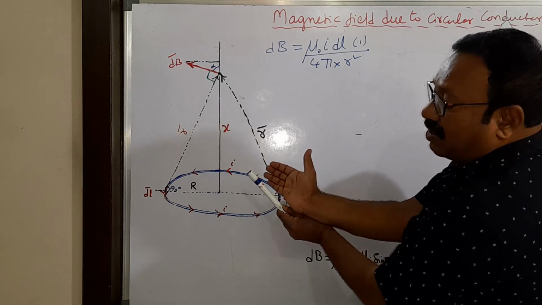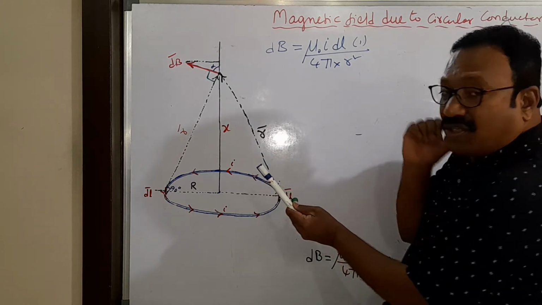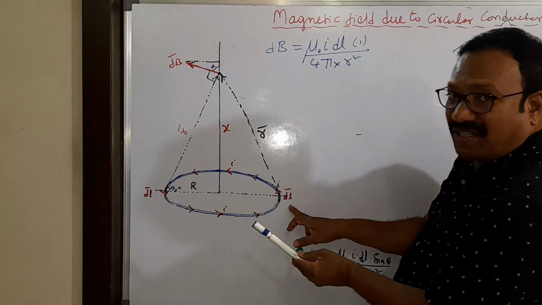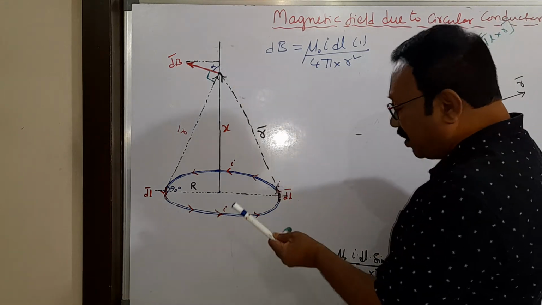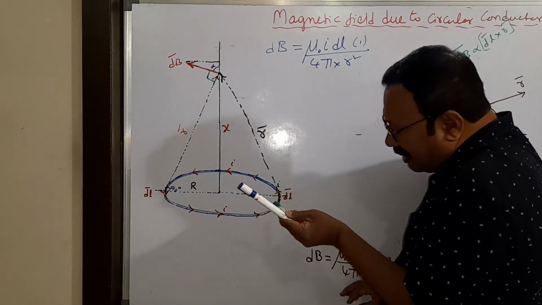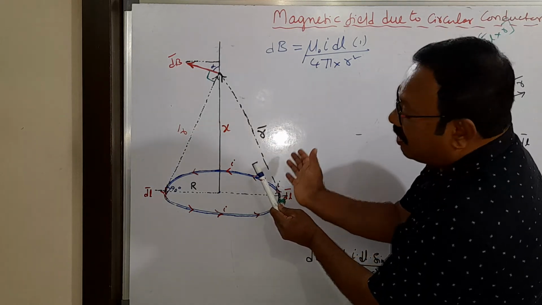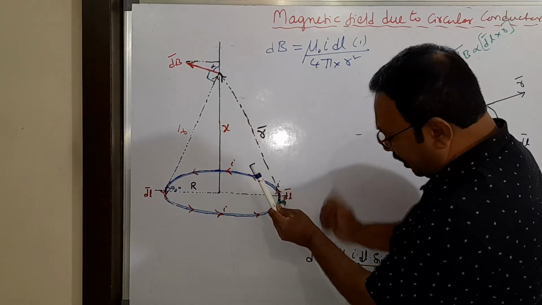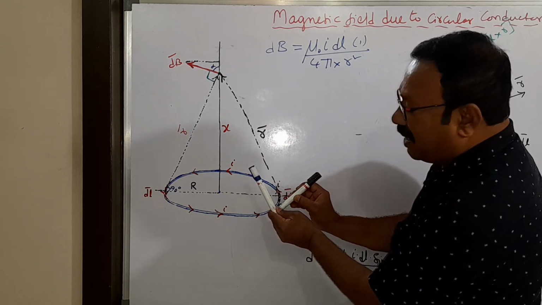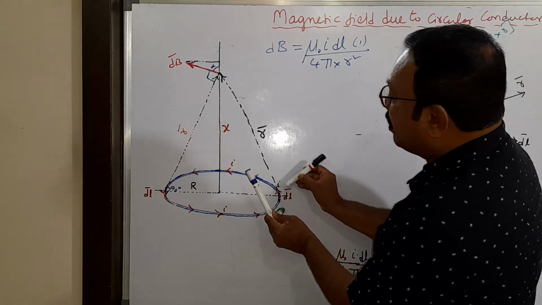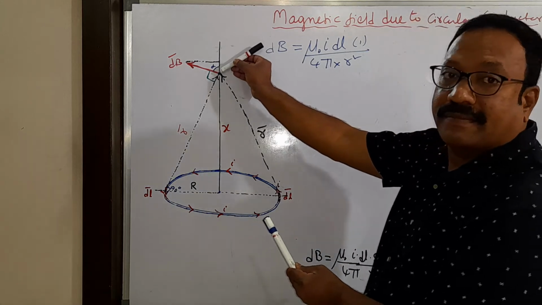So this is dl cross r. That is the direction of magnetic field. But magnetic field I am not finding here, I am finding there. So therefore, if this is dl bar, if this is r bar, then according to right hand rule, the magnetic field must be like this. So the magnetic field must be like this here.